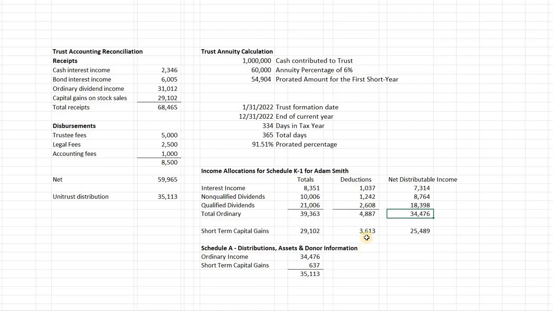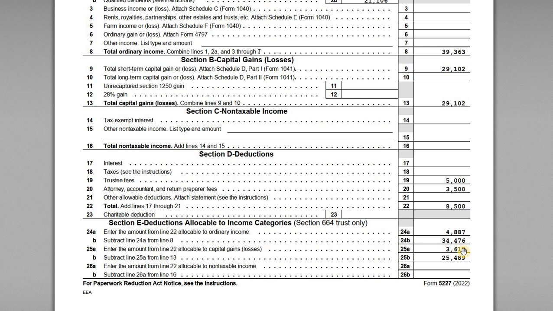So the capital gain amount allocated is short term, 3,613 in expenses, and then the net amount of capital gains available for distribution to income beneficiaries is 25,489, and then lines 26A and B, nothing, right? Because we didn't have any non-taxable income to even apply expenses to, right?